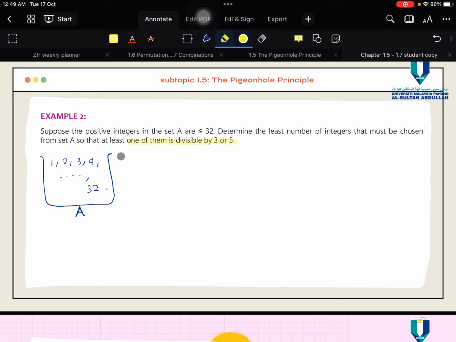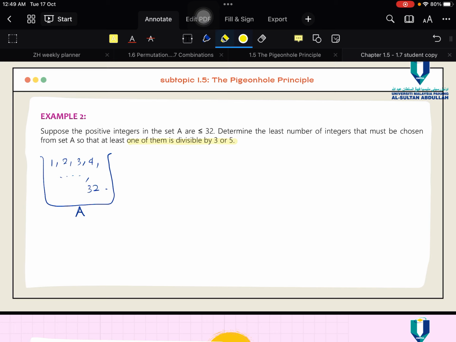Kalau tadi bola tadi, banyak mana bola kita nak kena keluarkan untuk pastikan, nak guarantee at least one green ball will be selected. Yang ni, how many integers must be chosen to have at least one of them divisible by 3 or 5. So macam mana?